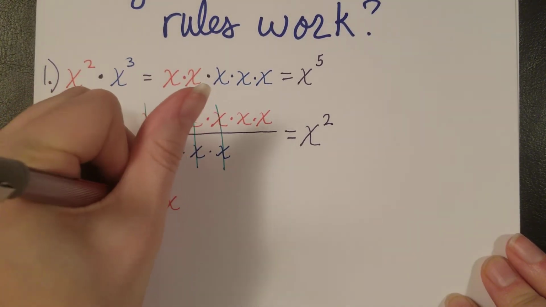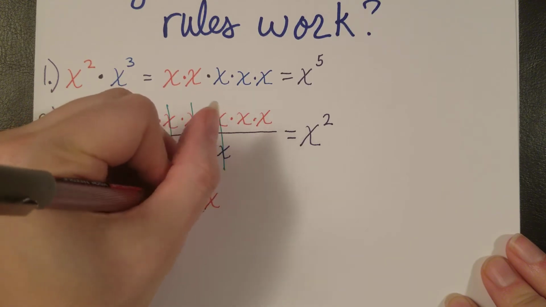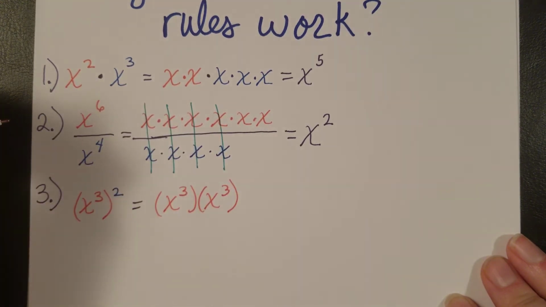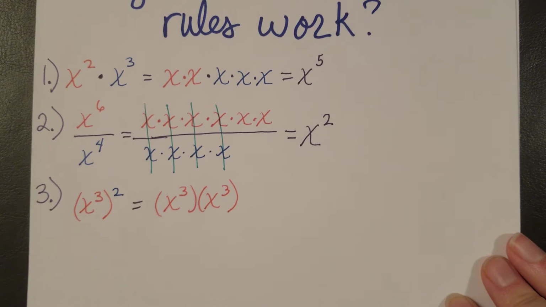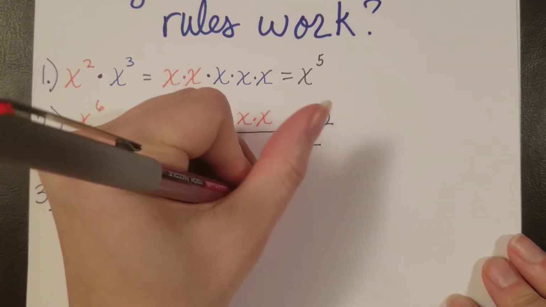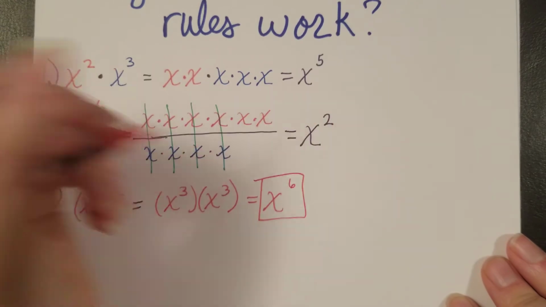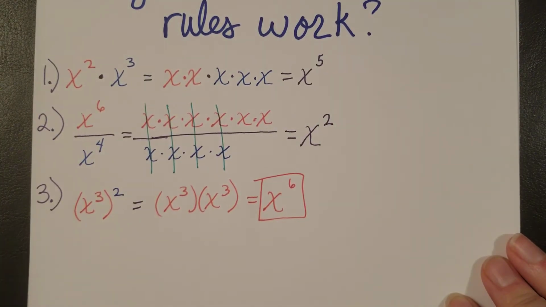So that would be the same as saying x to the 3rd power times x to the 3rd power. Okay, and then we could use rule number 1, which we've already covered, to know that we would just add those together. 3 plus 3 is 6, so it would be x to the 6th power. And then the rule is basically telling us a shortcut. We could have just multiplied 3 times 2 to get the 6. So the rules are really shortcuts. Maybe we should call them exponent shortcuts. It makes them sound a lot more friendlier than rules.